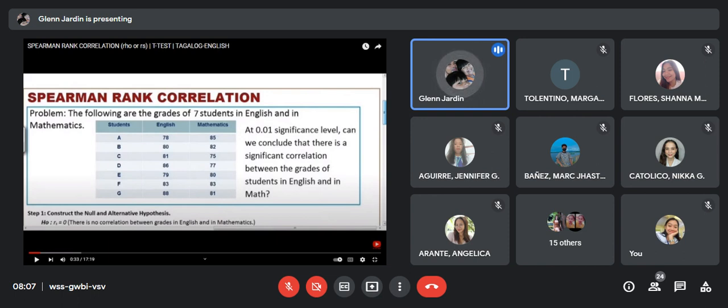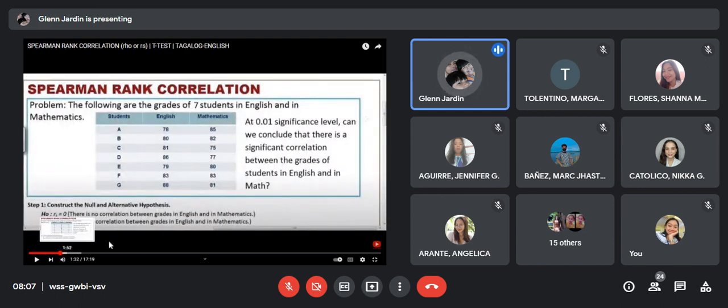Isa lang grade yan. In student A may grade sa math sa English and so on hanggang kay student G, ano? Okay? Now, let us see. So, first step includes hypothesis testing, which is susundin na rin natin, ano? Okay?